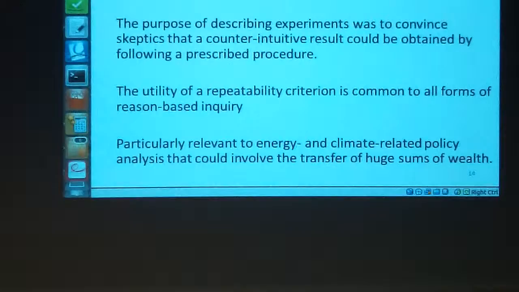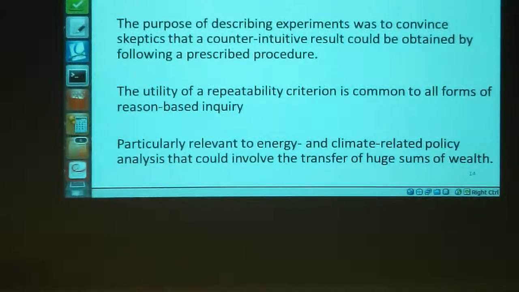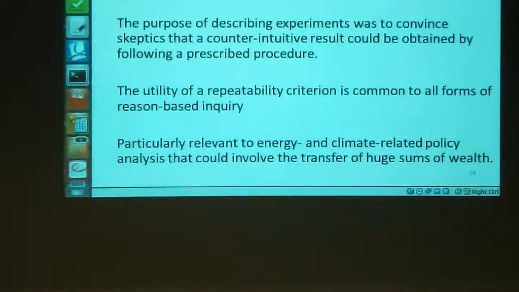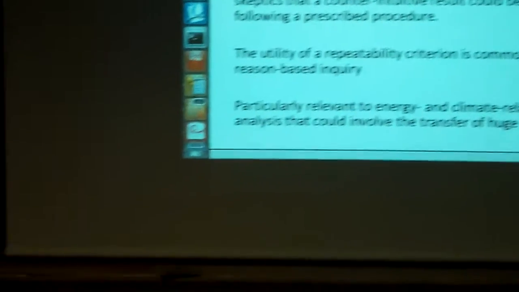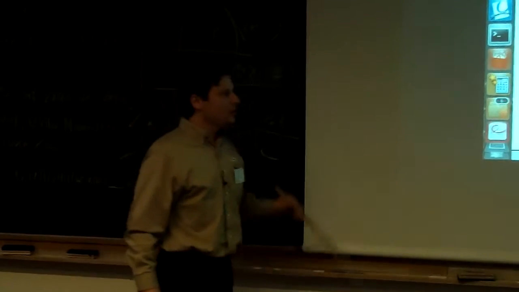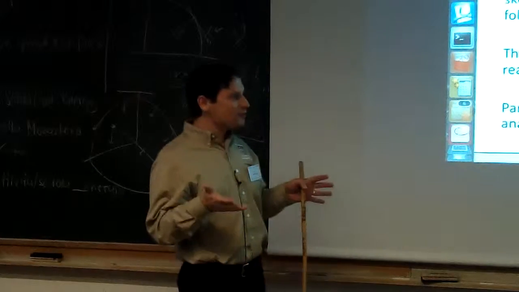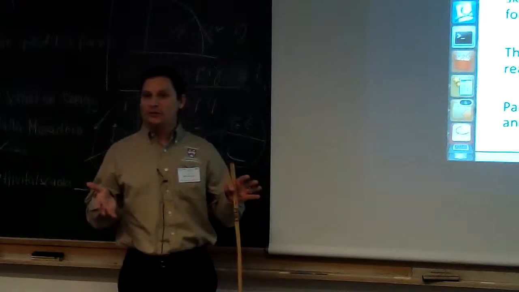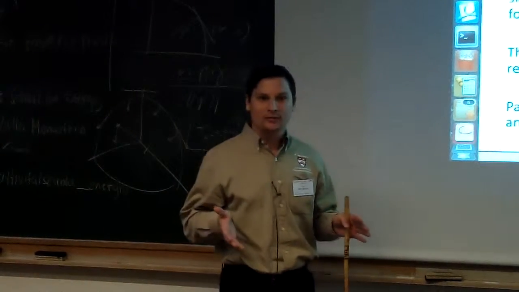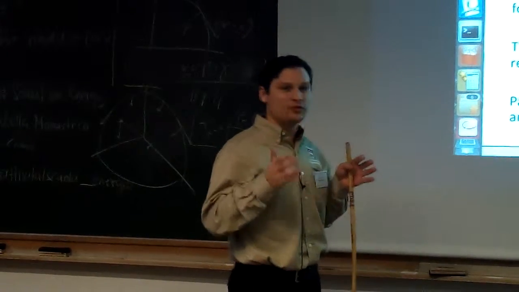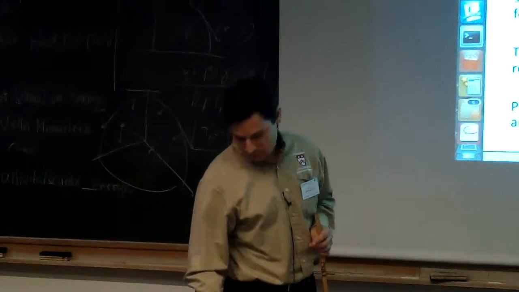And really, this repeatability criterion, I think, is common to all forms of reason-based inquiry. Right? If we want to prove something to someone else, then what we're saying ought to be repeatable. Okay? So I think it's particularly relevant to energy and climate-related policy analysis, especially since we're potentially talking about the transfer of huge sums of wealth. Right? I ought to be able to demonstrate how my model works.